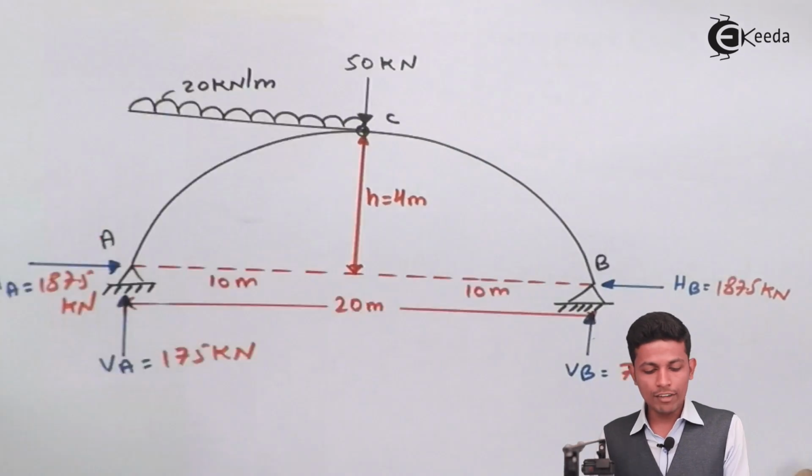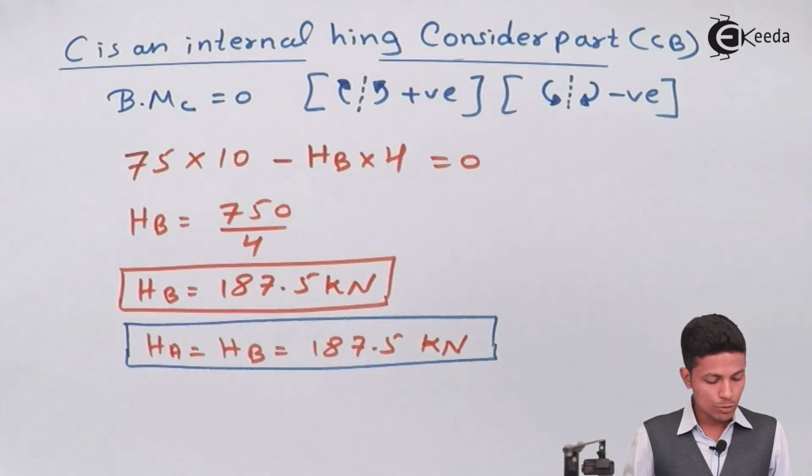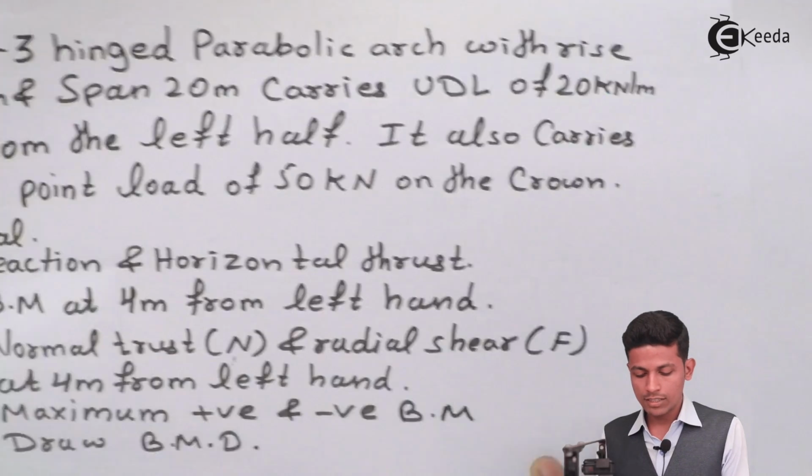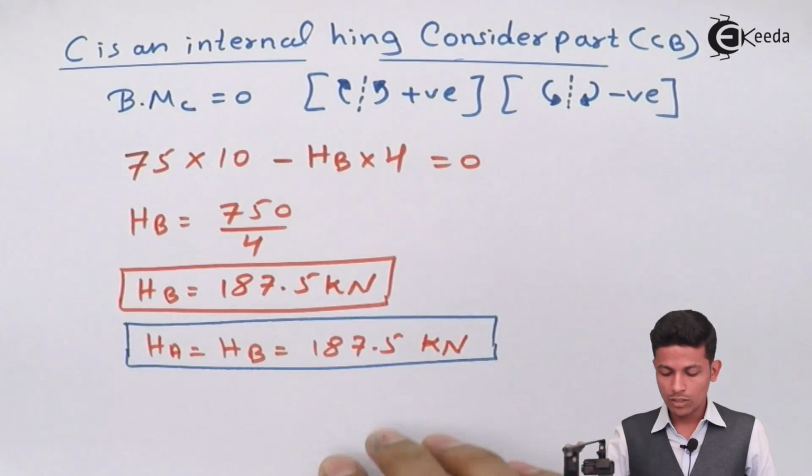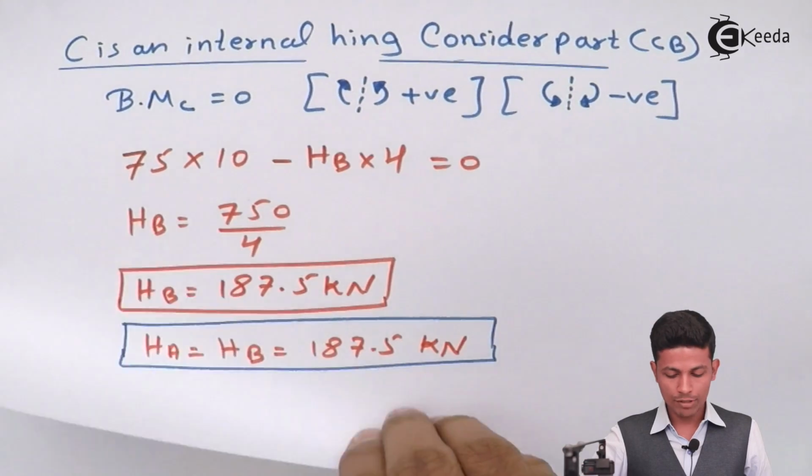Now we are done with the first part, and the next thing the question asks is the bending moment at 4 meter from the left hand. So let's take this one also.